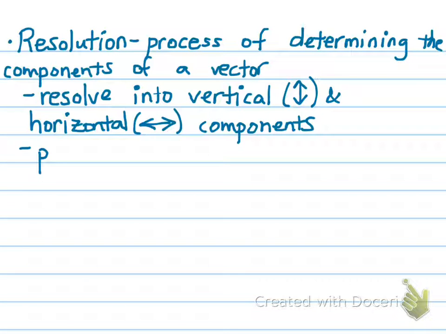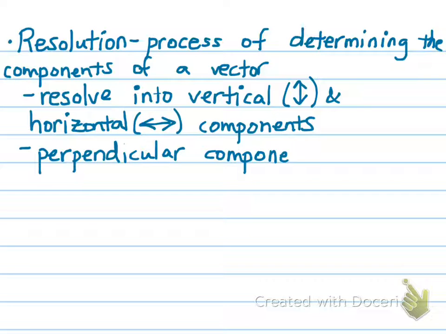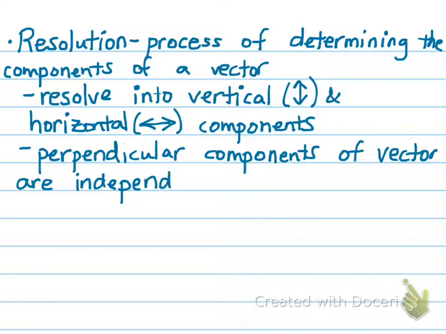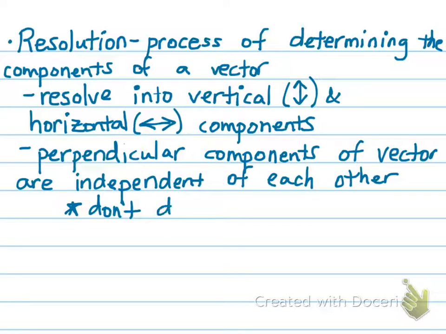These two components that are perpendicular, and perpendicular again just means we're at a right angle, of a vector, are independent of each other. What that basically is saying is that those two don't depend on each other.